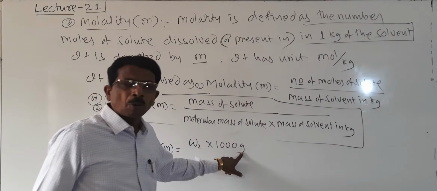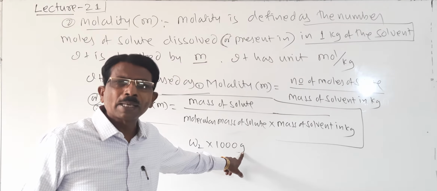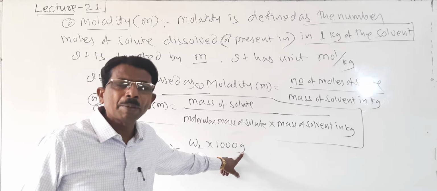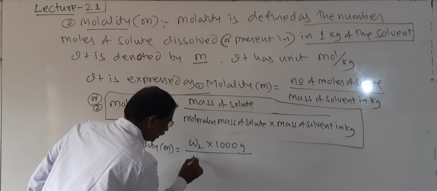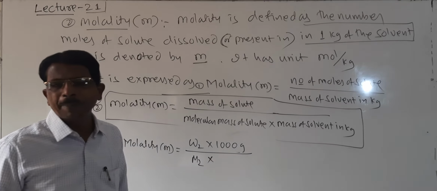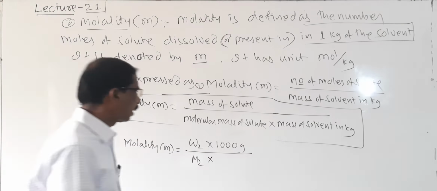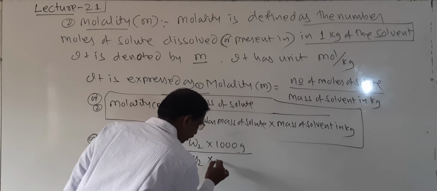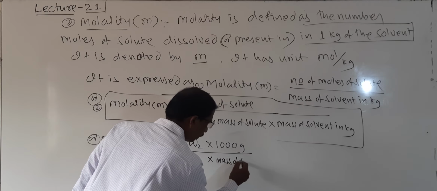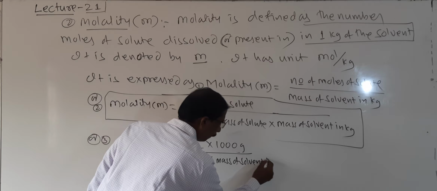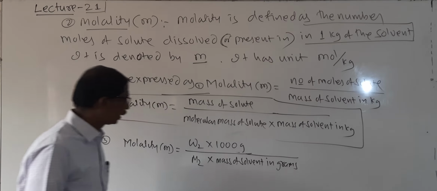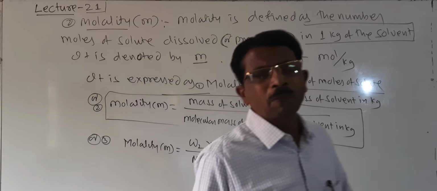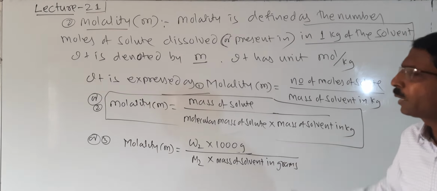Remember, where in molarity I have written 1000 ml, but here I am writing gram, divided by m2, that is the mass of solvent in grams. So these are the three formulas we are using to calculate the molality.